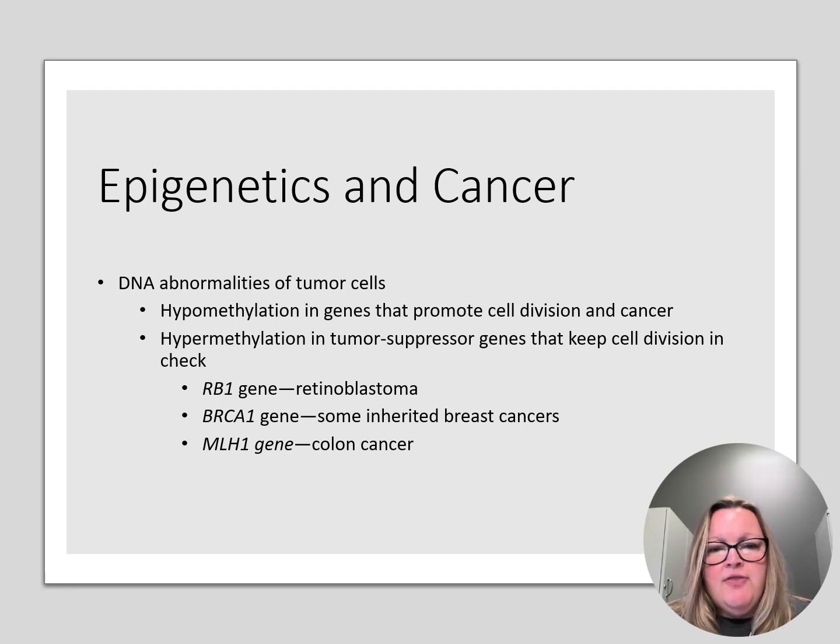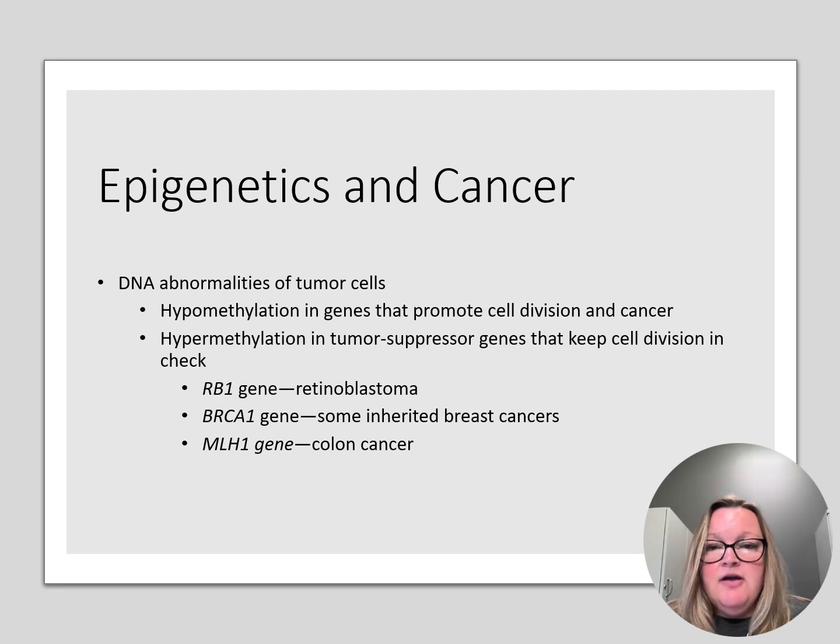If there's low methylation in the genes that promote cell division, it means that cell division is not typically silenced, maybe where it should be, and the cancer is able to divide rapidly and abnormally. So normally these genes would be methylated, but because there's low methylation or hypomethylation, they are not, and the cell is able to divide and divide and divide, causing a problem.